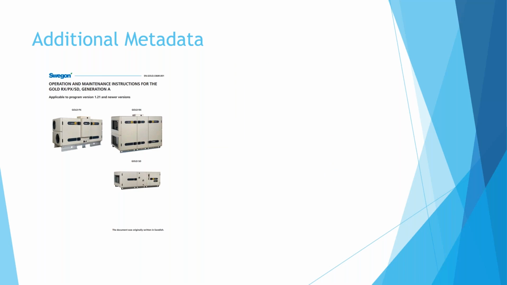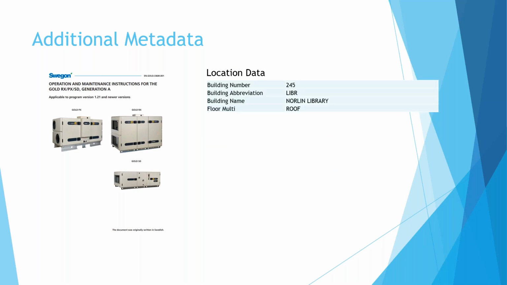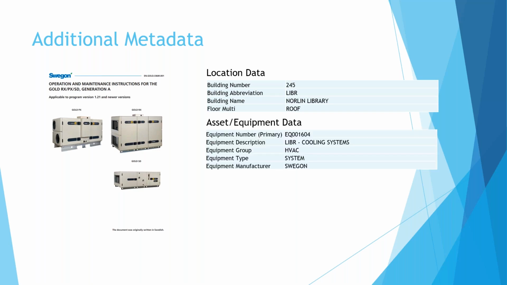This additional metadata that we utilize in Meridian. For example, we have location data. So where is this piece of equipment? It's in this building. Here's the name, here's the abbreviation, here's the floor, you know, all the things of location. We can also tag equipment or asset data.